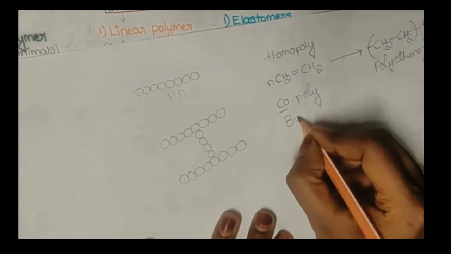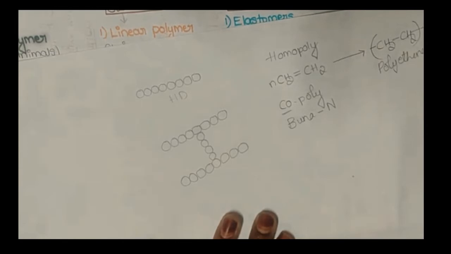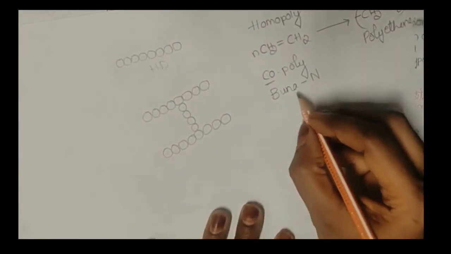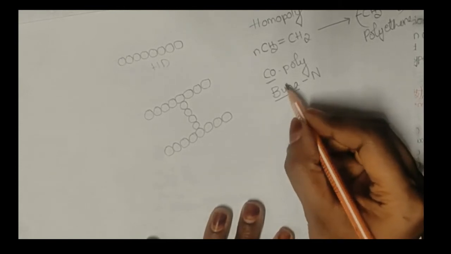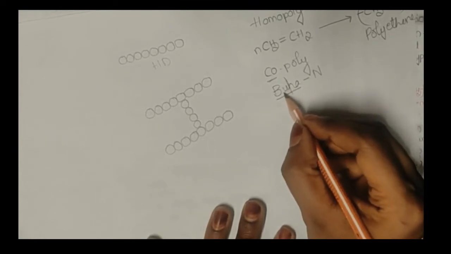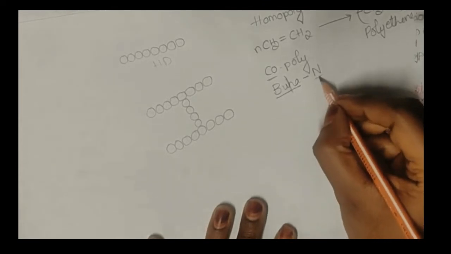So the best example for copolymerization is Buna N. So here Buna N, of course, it is a rubber. We can split Buna into two parts, Bu, where Bu stands for butadiene, and capital N stands for acrylonitrile.